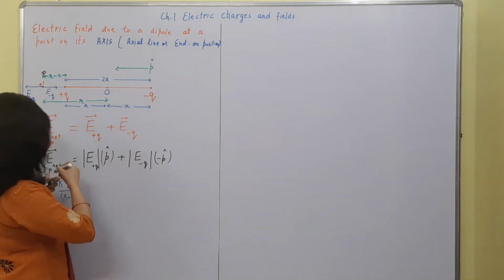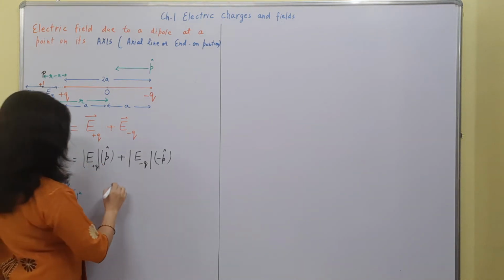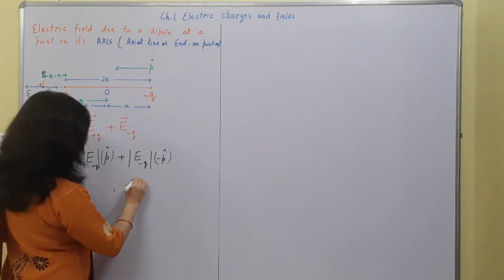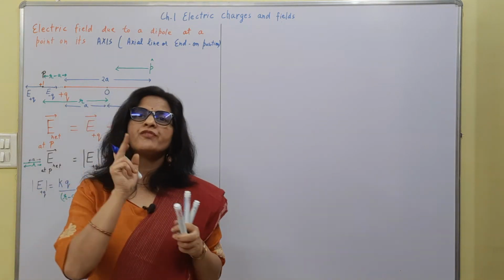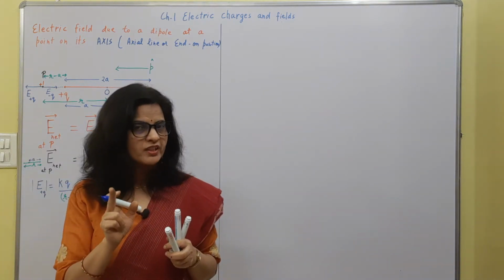Similarly, I can write the magnitude of E minus Q. I have to write the magnitude only. I told you we are not going to take the polarity here because we have taken the polarity to mark the directions of the electric field.